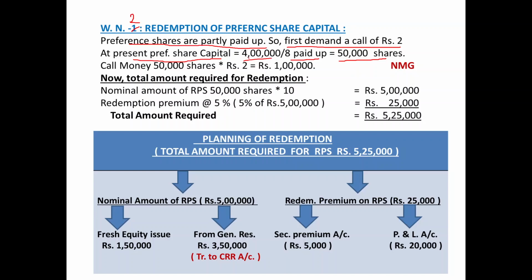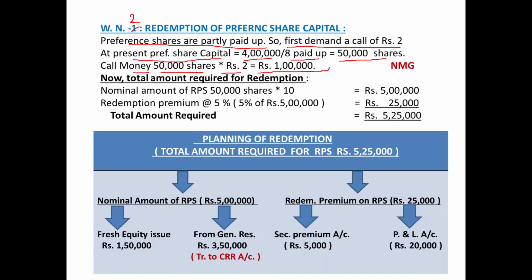So let us demand a call of rupees 2. Call money, 50,000 shares into rupees 2, gives rupees 1 lakh. After receiving this call money of rupees 2 on 50,000 shares, the preference share capital has been converted into fully paid up preference share capital.